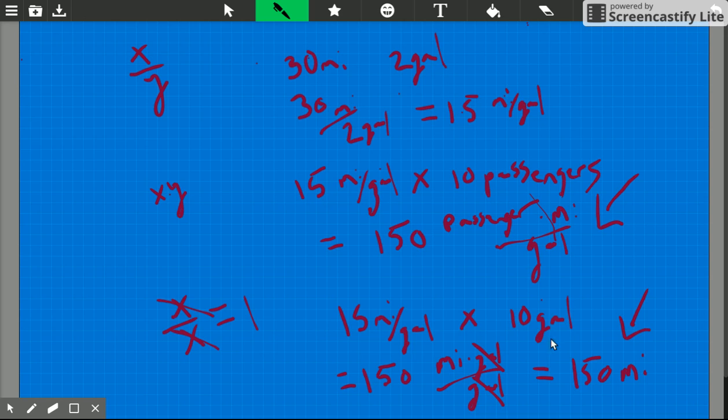So 10 gallons will actually drive us 150 miles. And the actual numbers and the meaning of those numbers isn't super important for this video, but what I want you to understand is how gallons cancels out with gallons and how we know that our final answer is going to end up with units of miles.